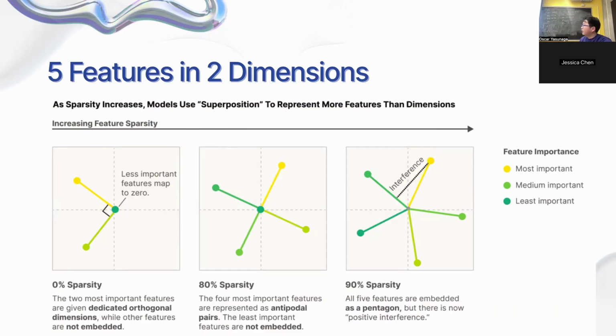Okay, the fun part starts now. The first experiment they run has a 5-dimensional input vector X, with 5 features, and they want to embed it within a smaller, two-dimensional space. And they vary the sparsity. When it's 0% sparse, this input vector is completely dense. All 5 of its elements have a number.